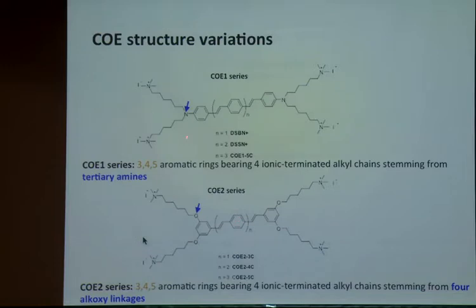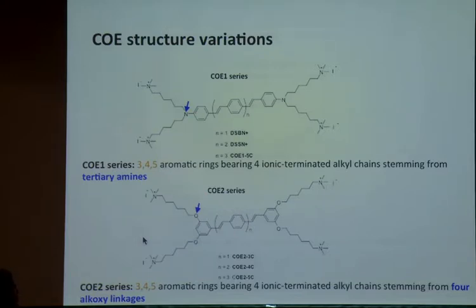The difference between the COE2 series and the COE1 series is that the COE1 series has ionic terminated acyl chains stemming from tertiary amines, and the COE2 series has chains stemming from alkoxy linkages.